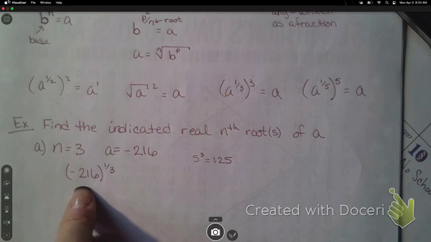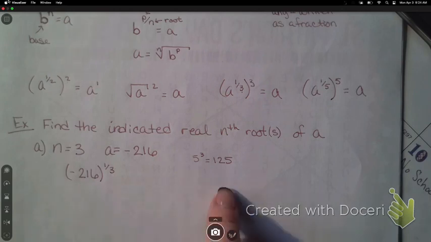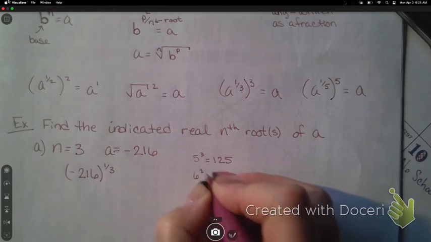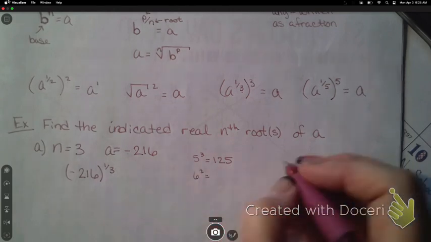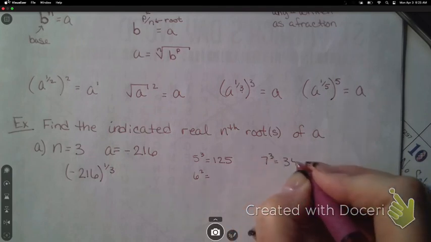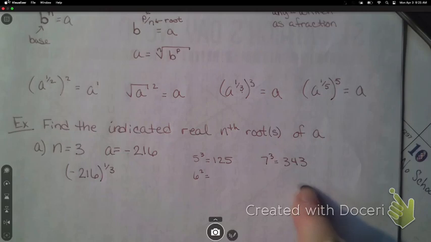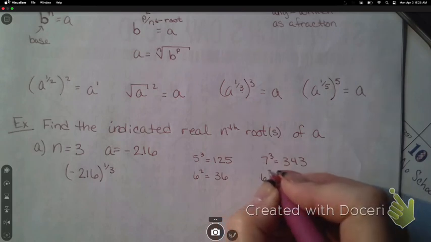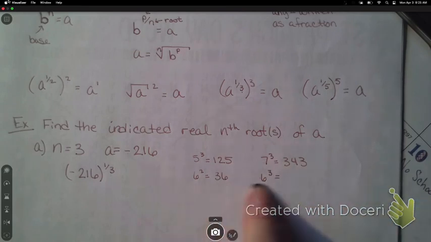No, it's probably going to be 6 or 7, isn't it? Okay, so what's 7 cubed? 343. Yeah, and then Kyan said 7 cubed is 343, so he knew that one, so it has to be 6. So 6 squared is 36, so 6 cubed would be 36 times 6, right?